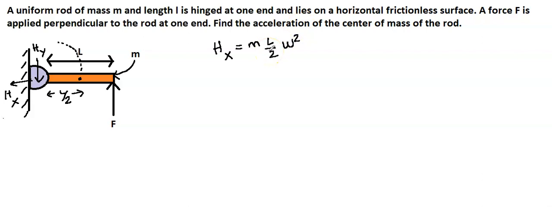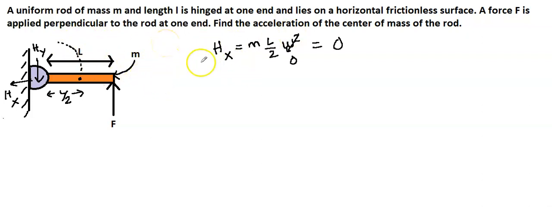But we're assuming that the rod is at rest initially, right? So omega must be 0, which means the whole thing is 0. Hx is 0, right? So we have used Newton's laws in the horizontal direction.